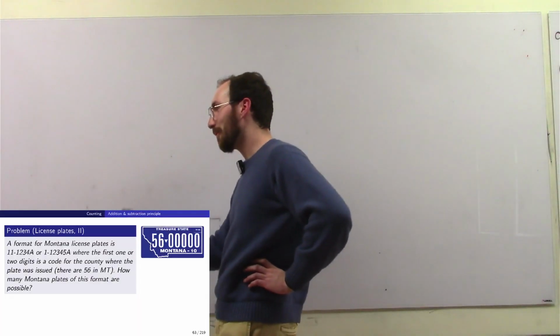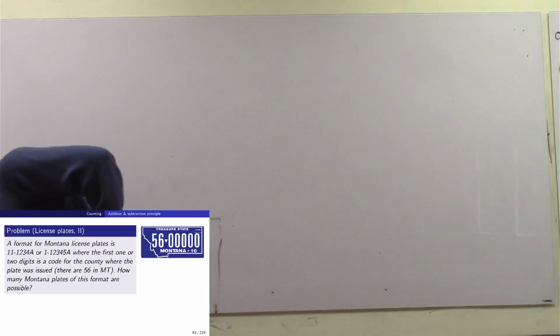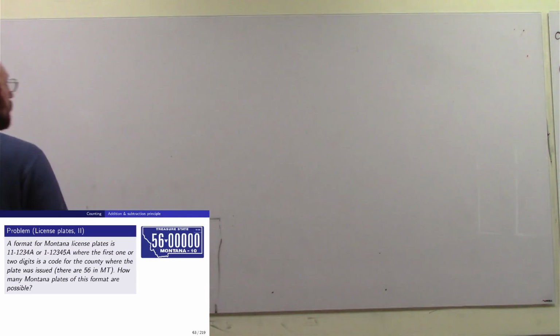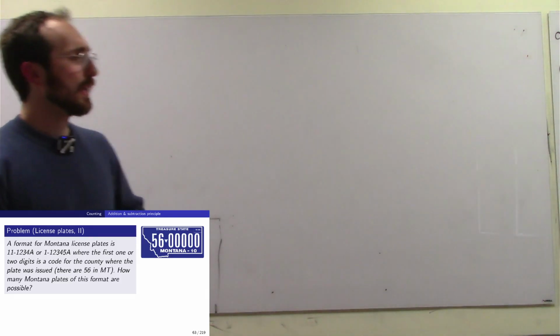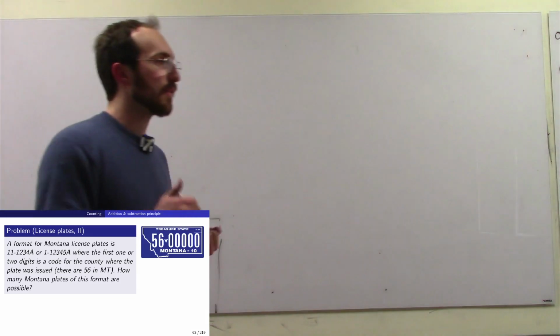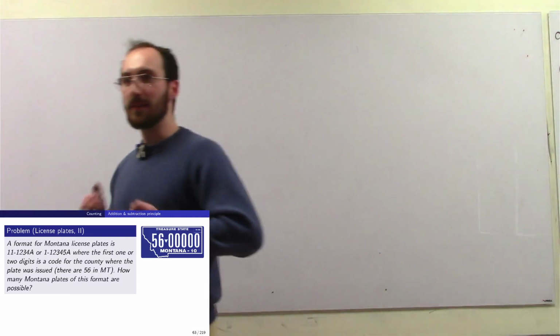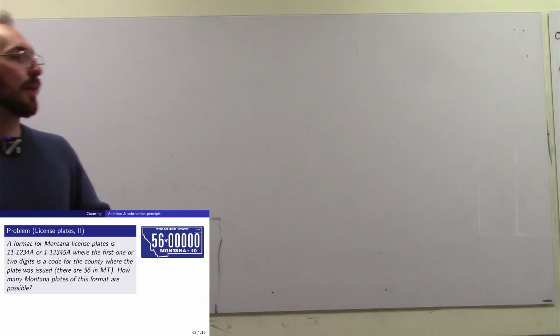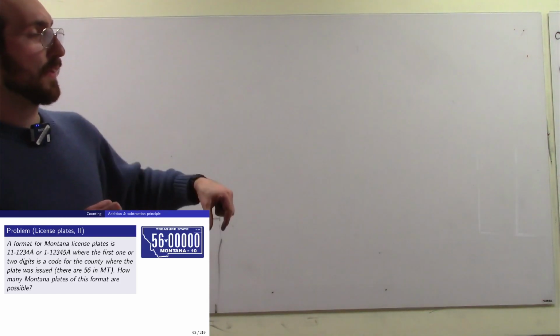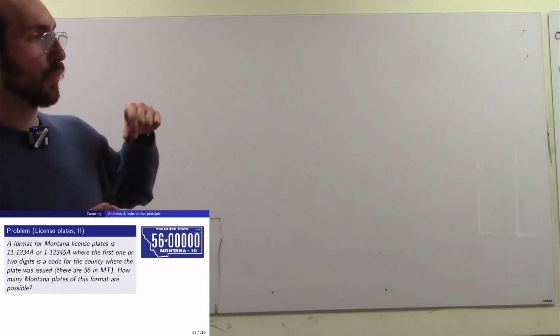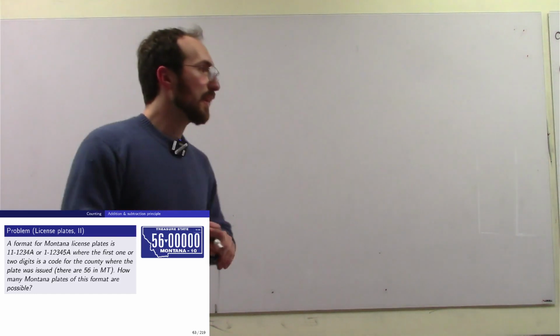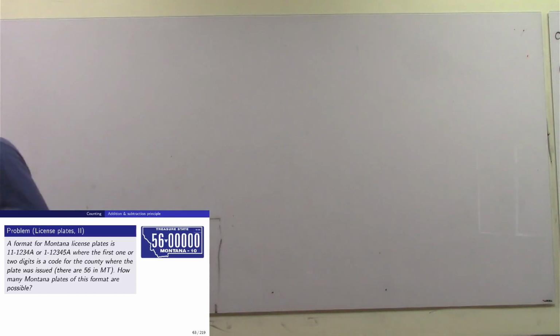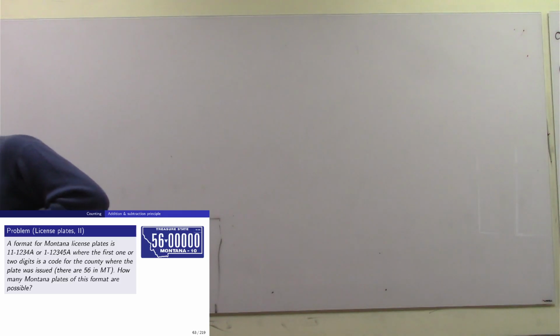But now, why am I talking about this? Well, we're going to count how many actual license plates there are. So with this format, we are in 2 different positions, because if we have a 2-digit county code, then we fix those 2 numbers, and then we have 5 different spaces for our last characters.